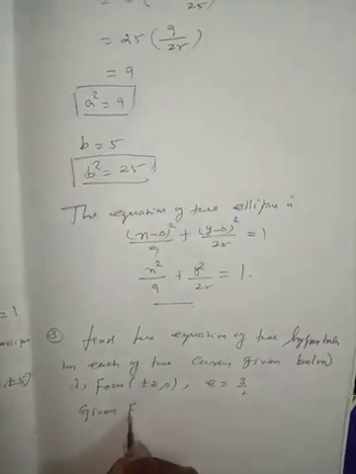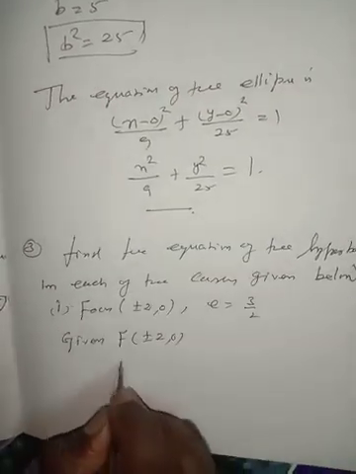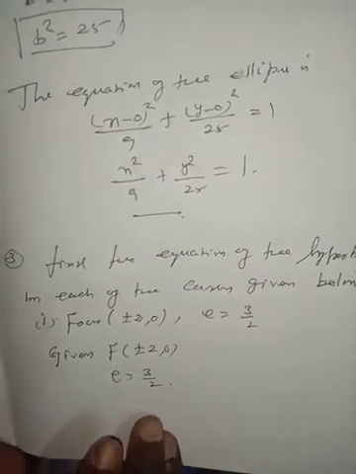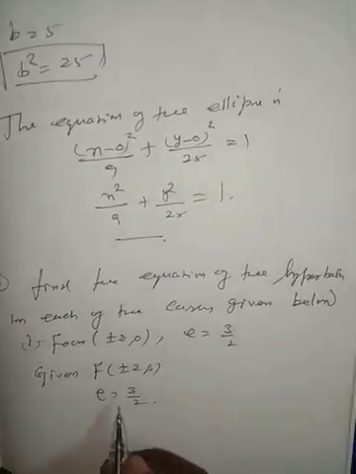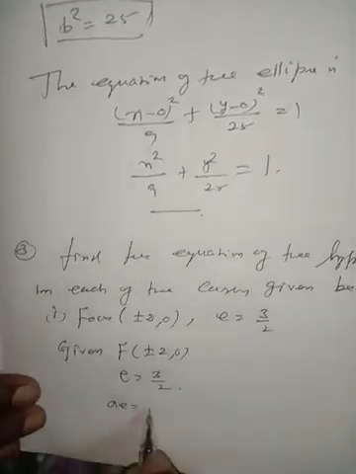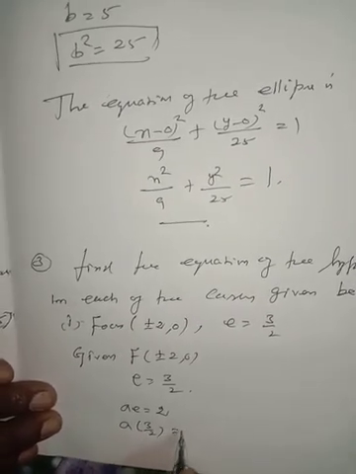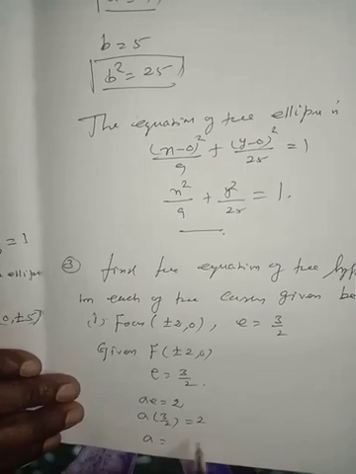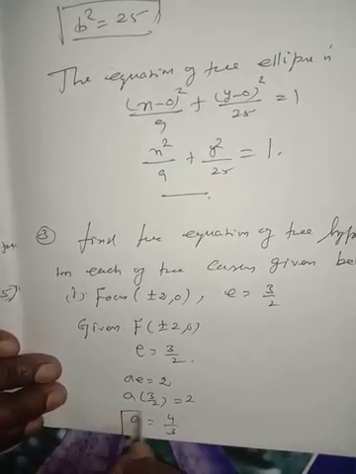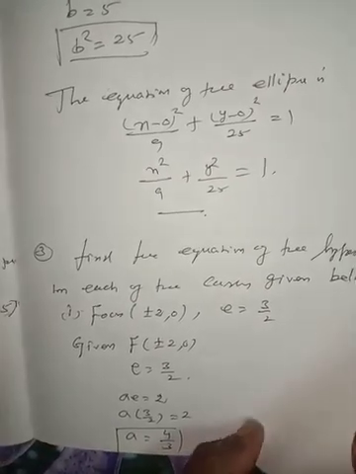Now a is equal to positive 2. a into 3 divided by 2 is equal to 2, so a is equal to, cross multiplying, we get 4 divided by 3. a is equal to 4 by 3.